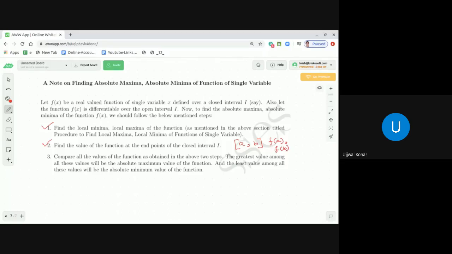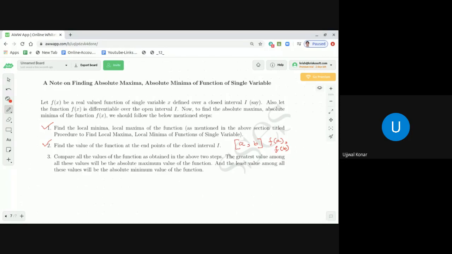Now, in the first step, you found all the local maxima and local minima points and the value of the function at those points. Those are the local minimum values and local maximum values. And in the second step, we are finding the value of the function at the extreme points. Why?